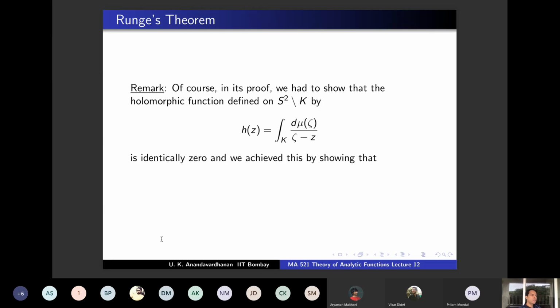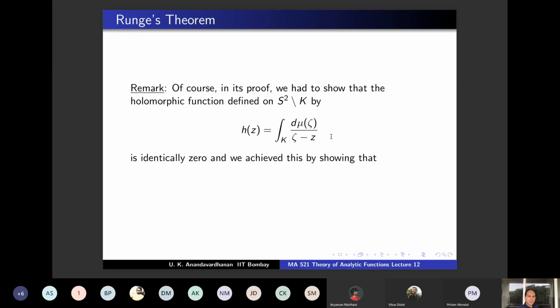So each summand is a rational function with poles precisely there, and our hypothesis amounted to saying the integral of r d mu is 0 whenever r is a rational function with prescribed poles. So for each of the summands, the integral is 0. And it's a uniformly convergent series, and therefore the integral of h is, h being the integral of 1 by zeta minus z, which is what we are expanding as a geometric series.